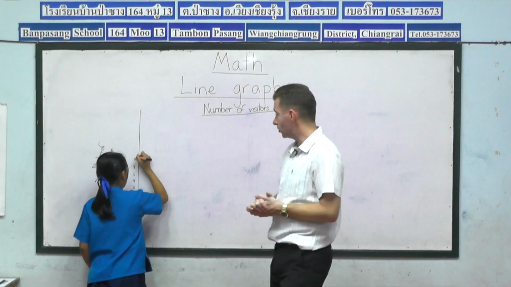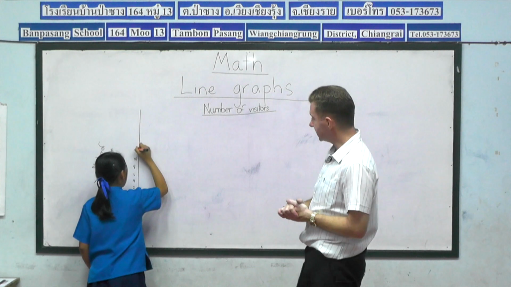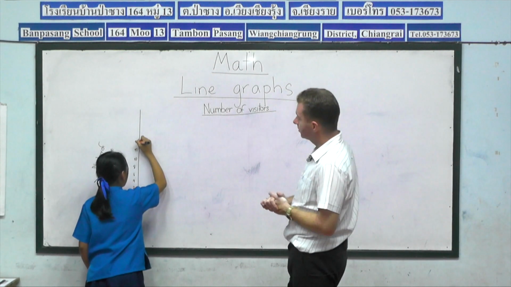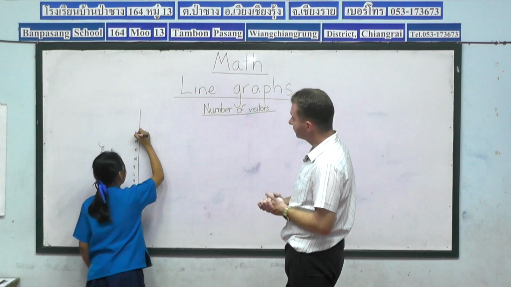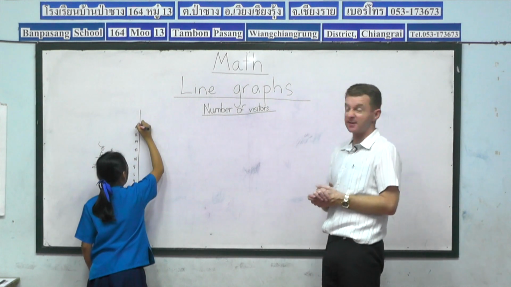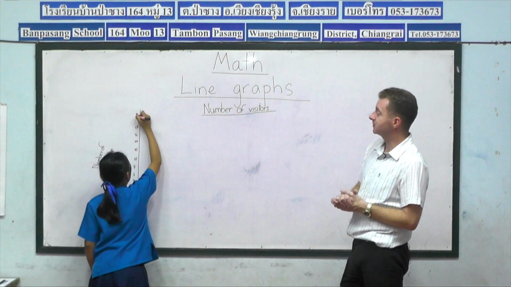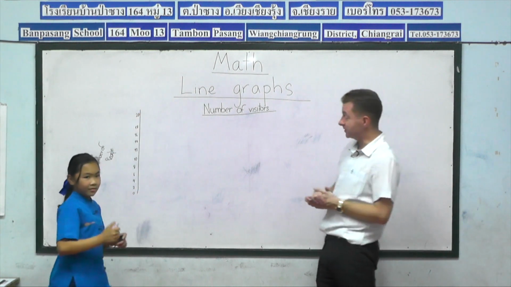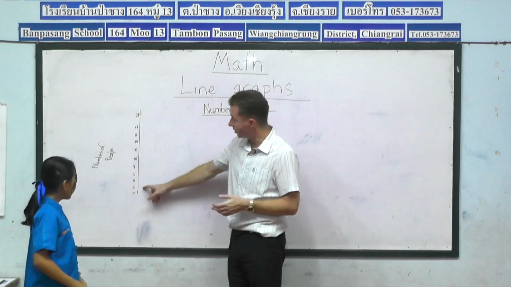So we've got 2, 4, 6, 8, 10, 12, 14, 16, and we can go up to 20, 18, and 20. That's brilliant. So you see, Nadia has correctly drawn our scale for us.